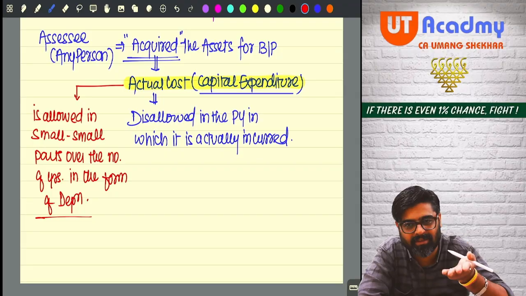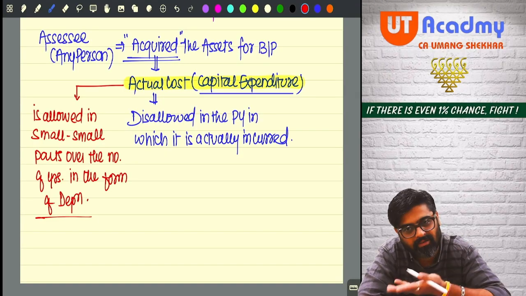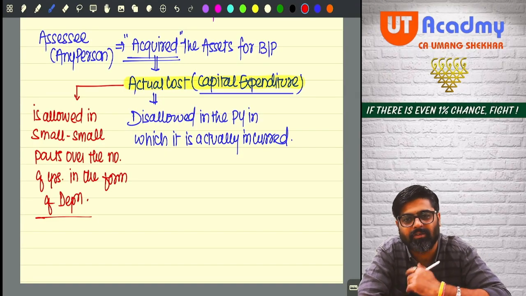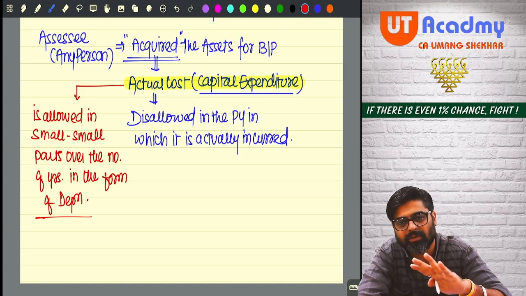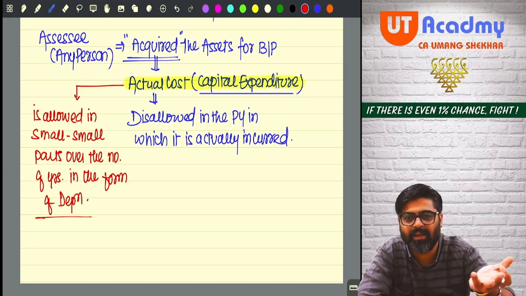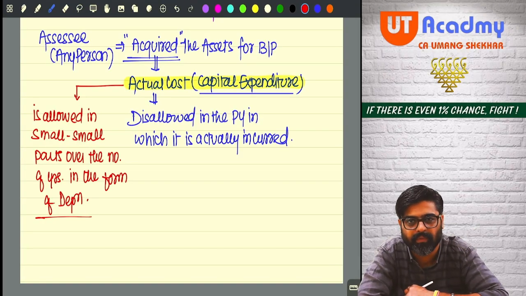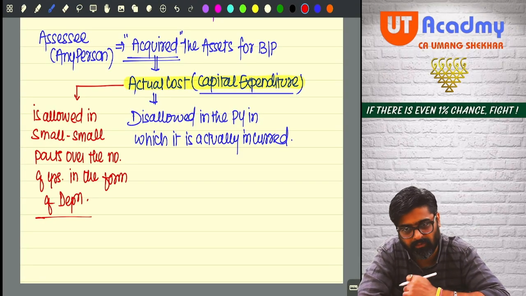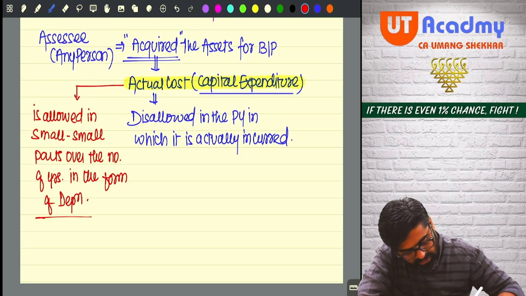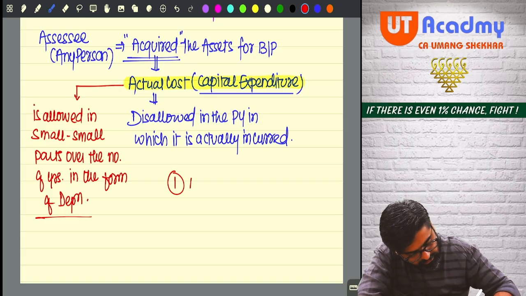Whenever a capital expenditure is incurred, what happens? Asset is purchased. That's it. Asset purchased equals capital expenditure. Capital expenditure equals asset purchased. Got it? Shall we move ahead? So three conditions. Number one, the asset must be a specified asset.